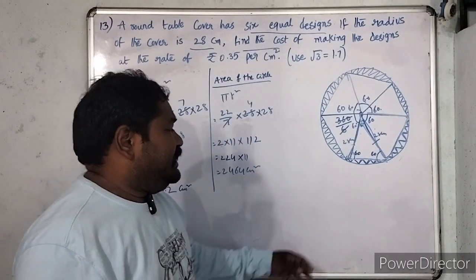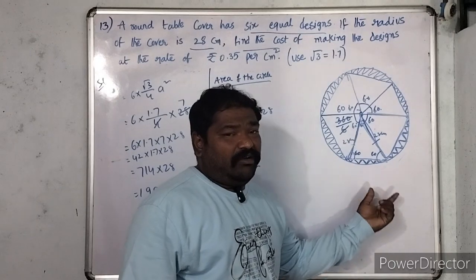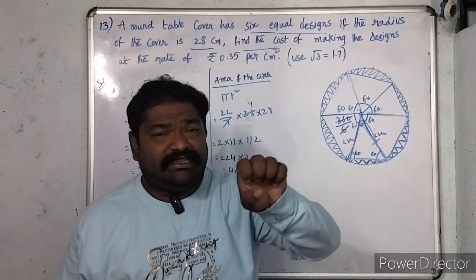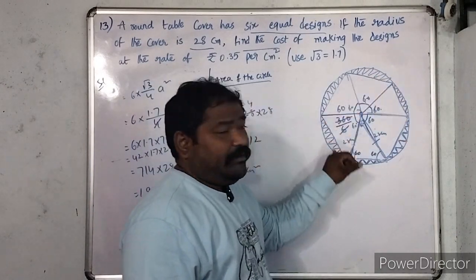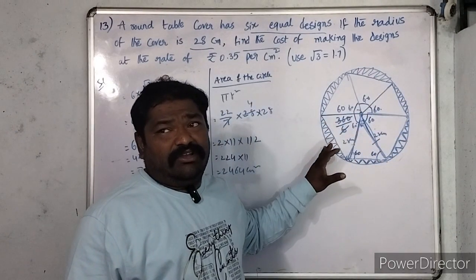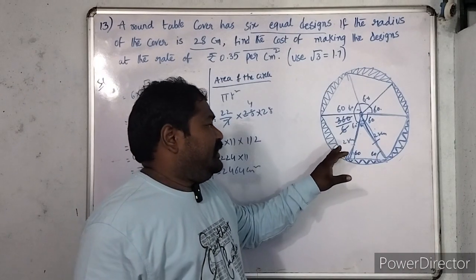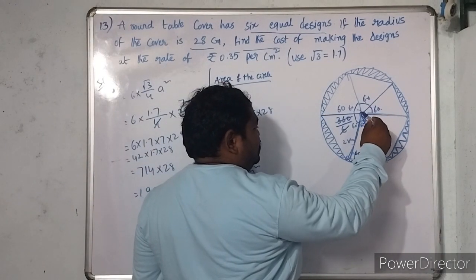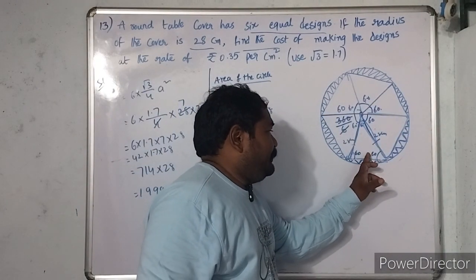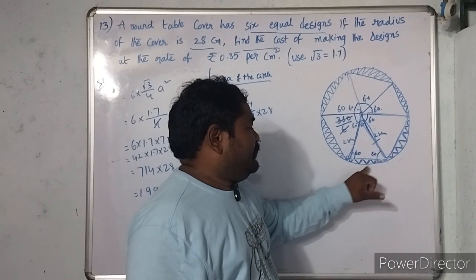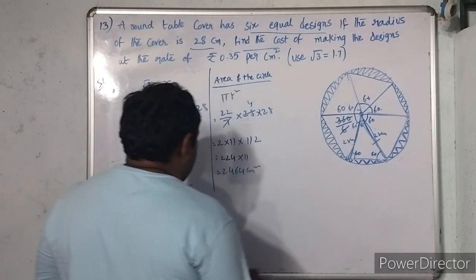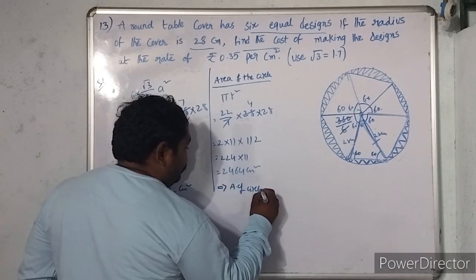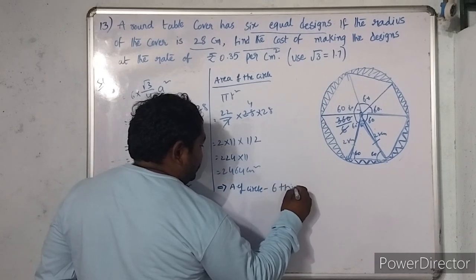Area of the design. Therefore, area of the design is area of the circle minus area of 6 triangles.